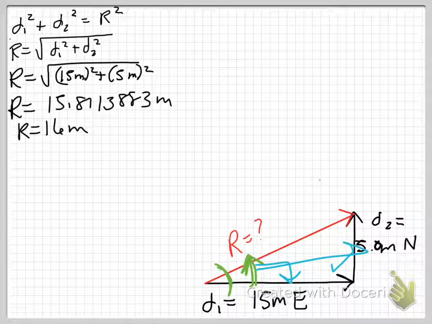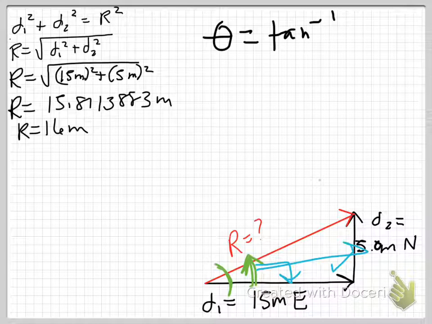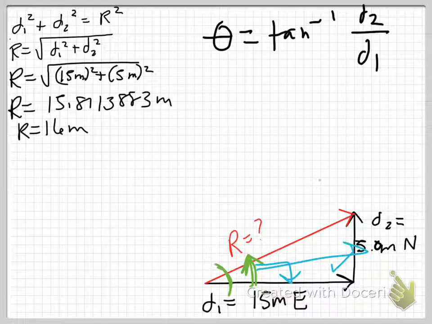That's my adjacent. So the way this is expressed, we call this angle theta. And what we say is that theta is equal to the inverse tangent function, tan minus 1, of d2 over d1. Because d2 is our opposite, d1 is our adjacent.